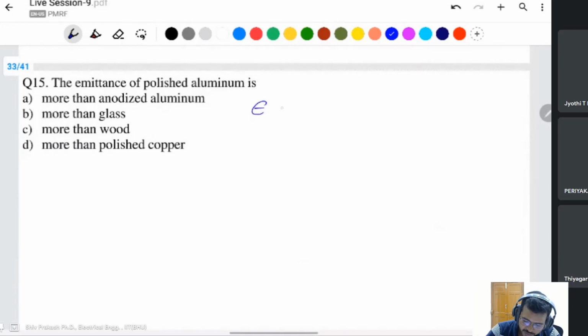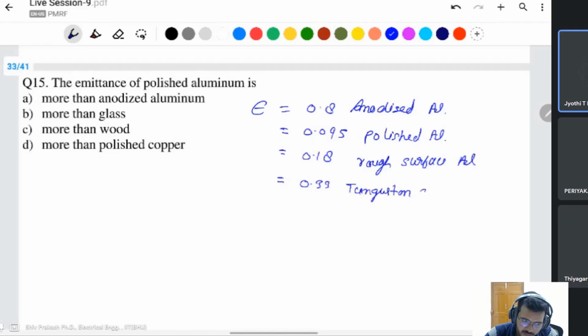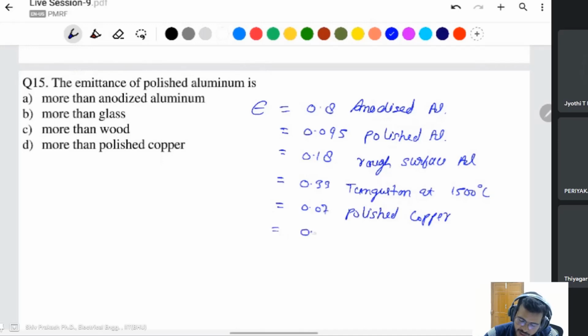Emittance, symbol epsilon, is 0.8 for anodized aluminum, 0.095 for polished aluminum, 0.18 for rough surface aluminum, 0.33 for tungsten at 1500 degrees centigrade, polished copper, and 0.9 for wood.